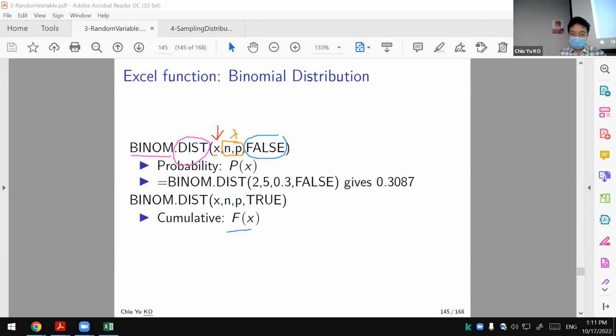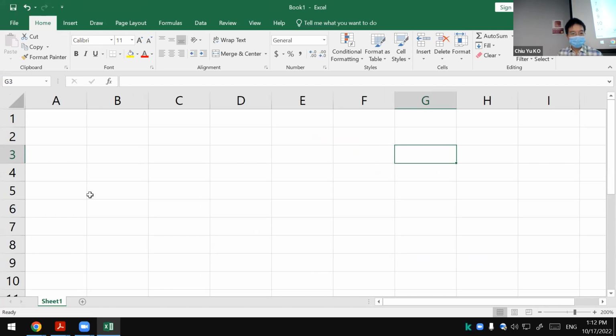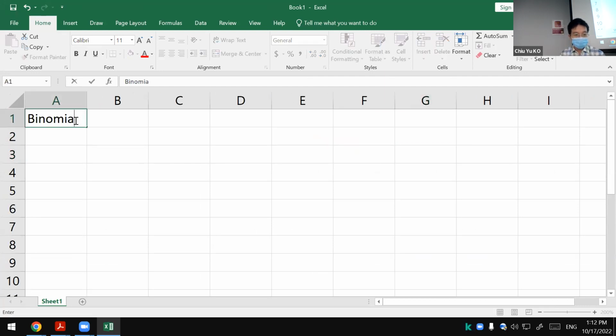So let us go to Excel and actually try to do this together, and let me do it quickly. I open Excel and follow the three inputs.